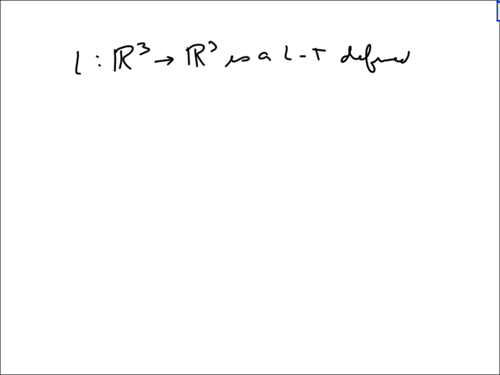Look at another one. L is a mapping from R3 to R3. It is a linear transformation defined by L of x, y, z is equal to y, x, 0.